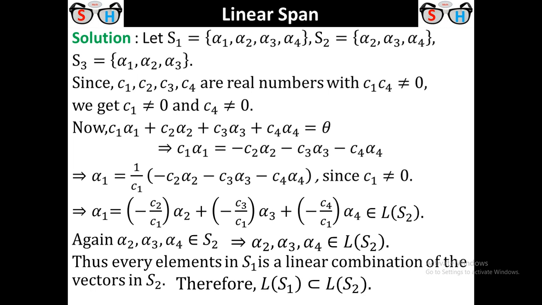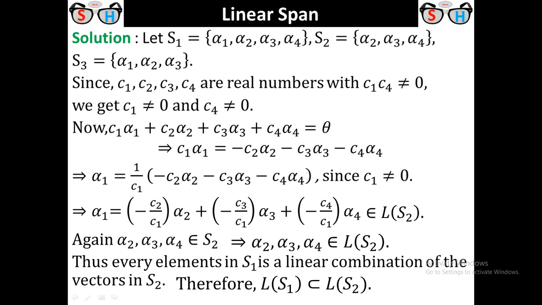Now our target is to prove L of S1 equal to L of S2. For that purpose we have to prove that L of S2 is a subset of L of S1. Just see S1 and S2. Here you will see that S2 is a subset of S1.